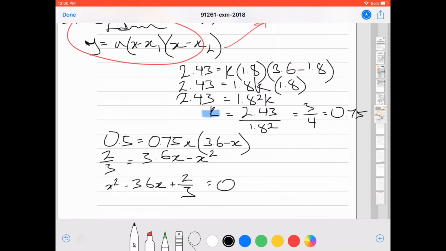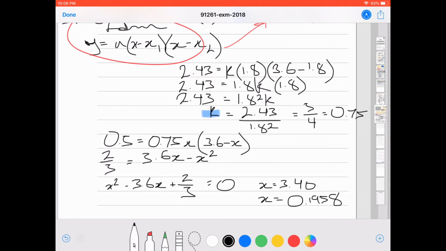And so we end up with values of x equals 3.40, and 0.1958.